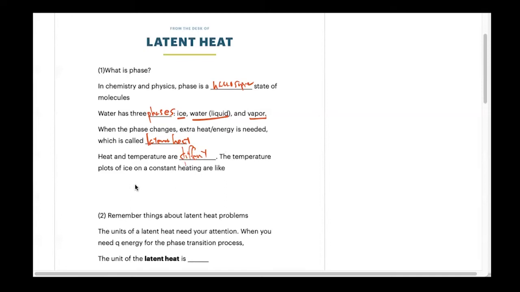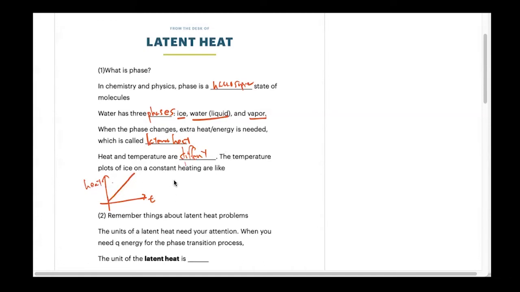if you plot the ice, temperature of ice on a constant heating, if you have heat, and this is time, because this is a constant heating, accumulated heat is going to be like this.